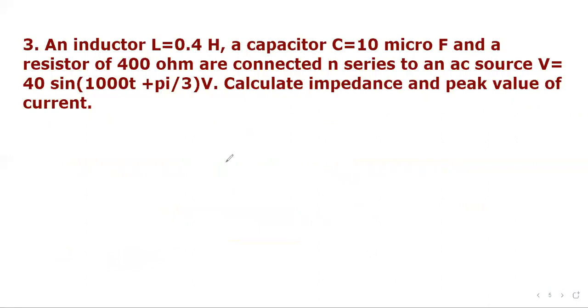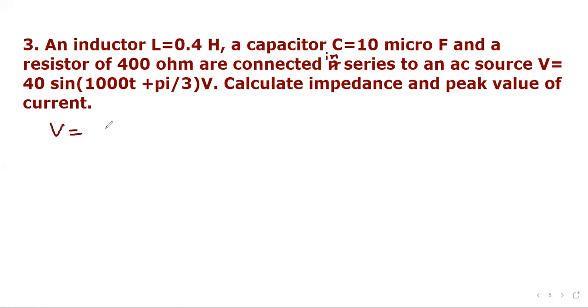Next question says an inductor L equal to 0.4 Henry, a capacitor 10 microfarad, and resistor of 400 ohm are connected in series to an AC source V equal to 40 sine 1000 T plus pi by 3 volt. Calculate impedance and peak value of current. So let's find out.